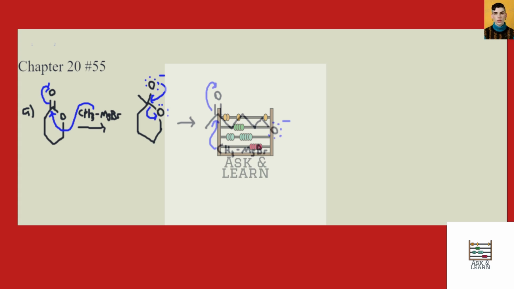And so again, this will proceed just like a regular Grignard. And so we now have another methyl group here and an alkoxide here. And so we have two alkoxides now.